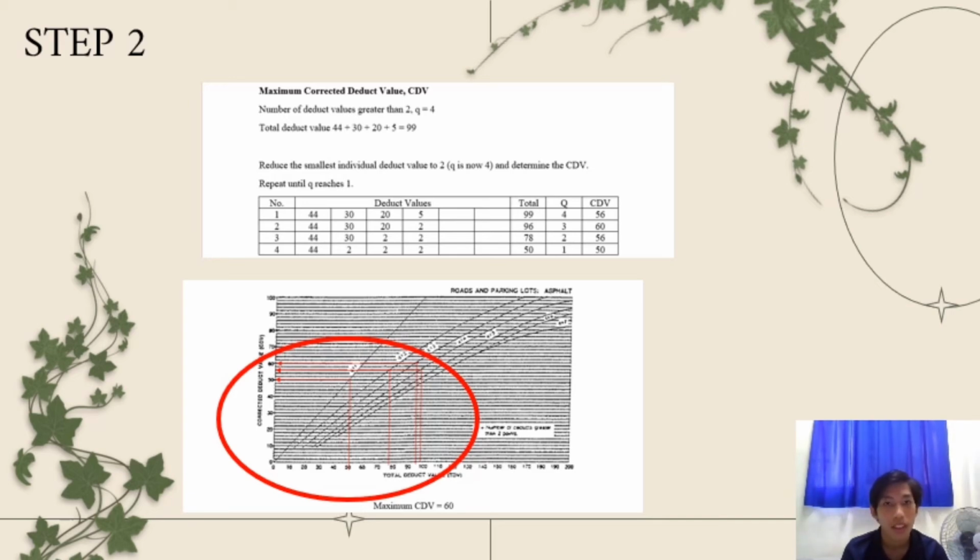First we total up the deduct values to get the total deduct value. Then we reduce the smallest individual deduct value to 2 until q reaches 1. And then we find CDV from the graph like in the slide and state the maximum corrected deduct value, which in sample 2 is 60.